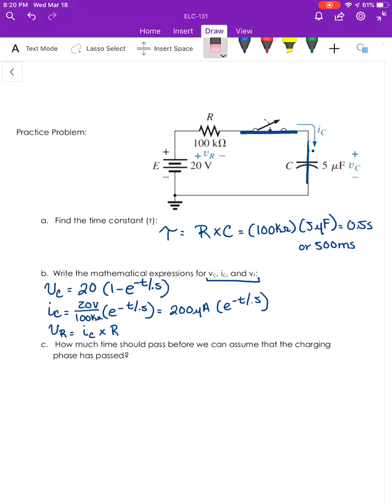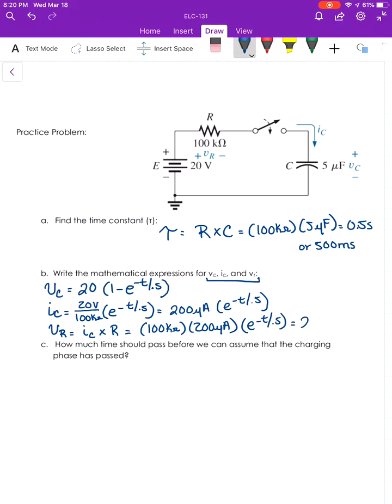The other way of looking at it, of course, is that as we increase the voltage across our capacitor, we'll see a decrease of voltage across the resistor to make up for that. But let's do it this way this time, and we'll see that we have 100 k ohms times 200 microamps times e to the minus t over tau, which is the 0.5.